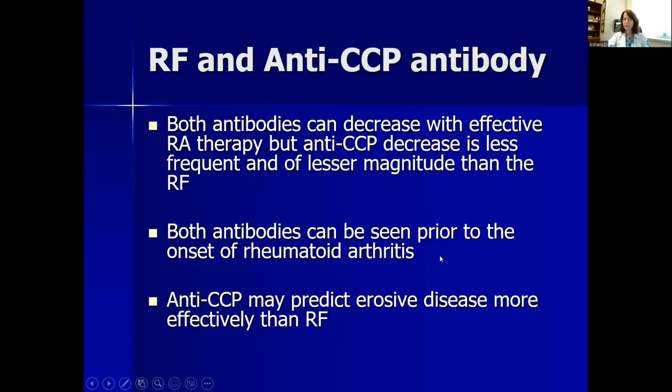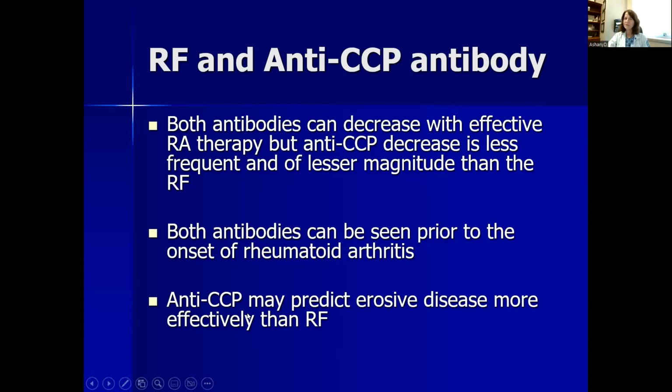Sometimes we see these antibodies even before somebody has rheumatoid arthritis. So somebody may have a pain and an internist decides to send the antibodies and they're positive, and people are sent to us, and we may say, you know, you really don't have any findings or symptoms of rheumatoid arthritis right now, but having these antibodies may predict that you may develop rheumatoid arthritis in the future.